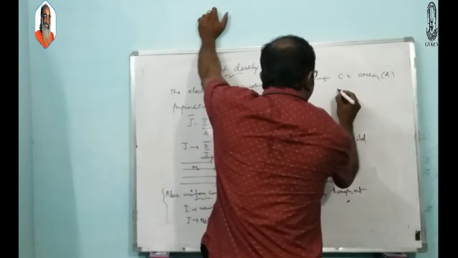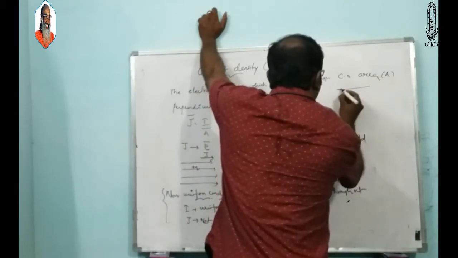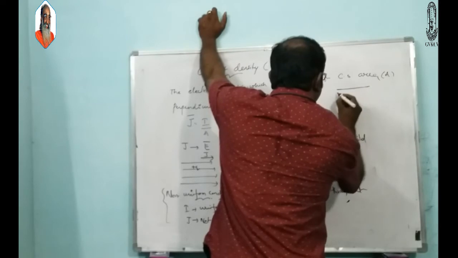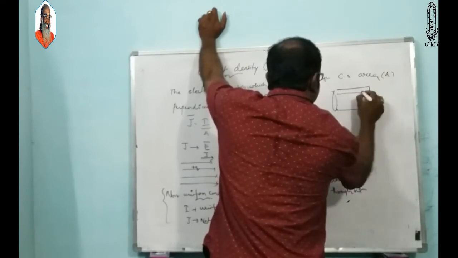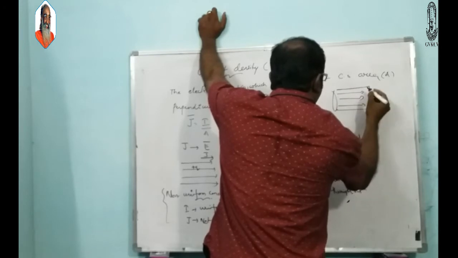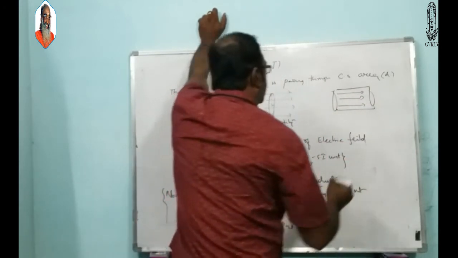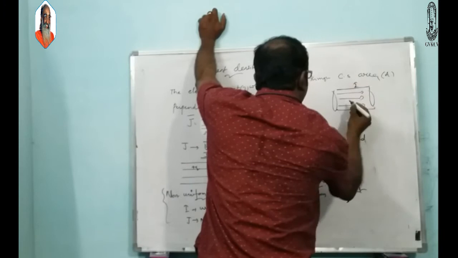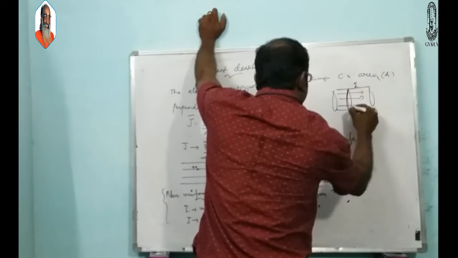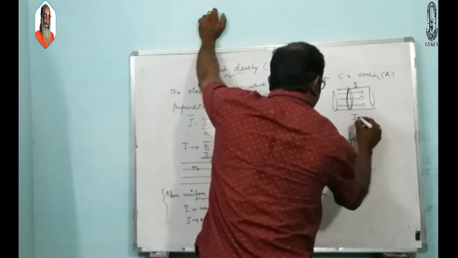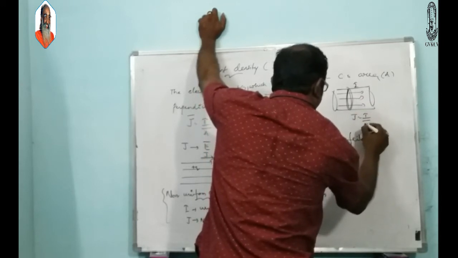Suppose this is a conductor and this is the flow of charges, and I is the current. If your area is perpendicular to this current, then J is equal to I by A, as you know very well.